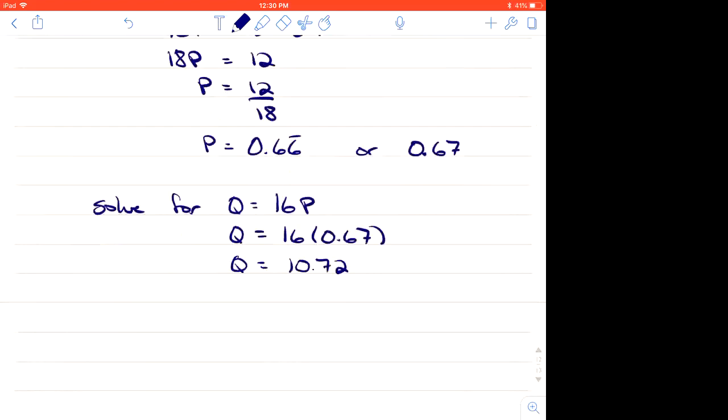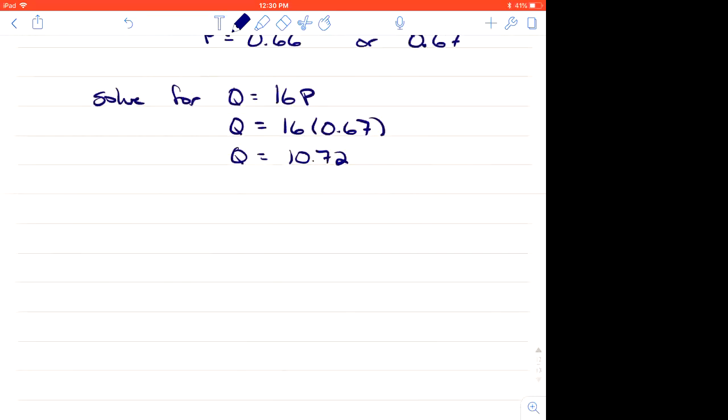So we have a quantity of 10.72. So equilibrium is when the price is 0.67 and Q is 10.72.